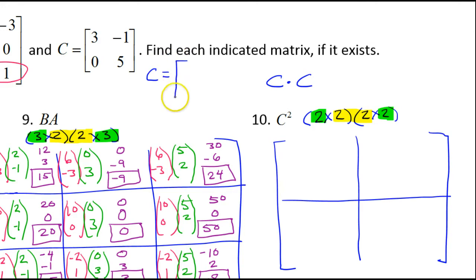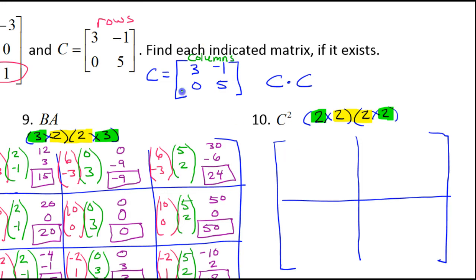So here's another matrix C: 3, 0, negative 1, 5. This is just so I can separate it out into rows, which will come from matrix C, and columns, which will also come from matrix C.